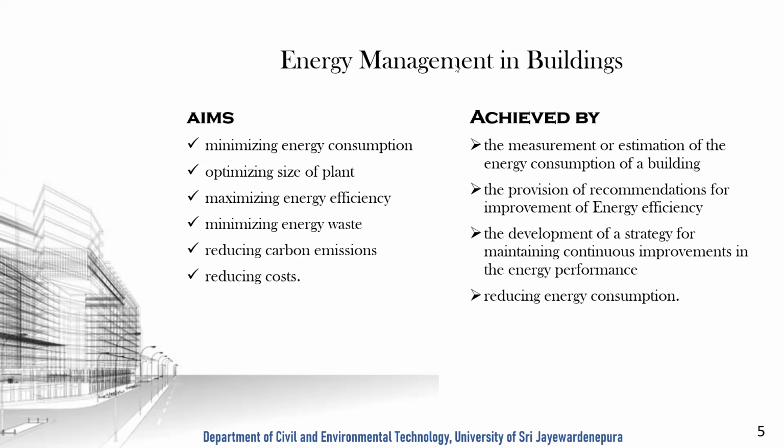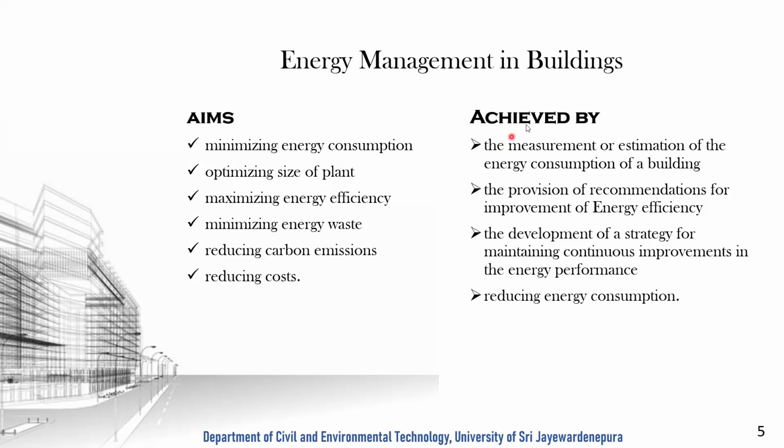What I mention as plant means equipment, for example, a boiler, air conditioner, generator, etc. Then maximize the energy efficiency. Efficiency means how much output we get for a given input, so increase the output as much as possible. Increasing the output or efficiency will reduce the waste. And finally, reducing carbon emissions, and the most sensible answer is to reduce the cost.